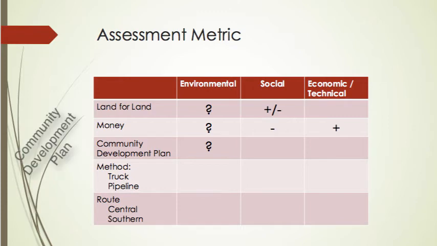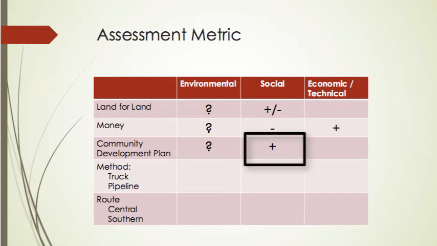What about the community development relocation option? There was like $6 million that they would put toward community development, but that money would come over time. So depending upon how this was implemented, the community development option might be the best option for them socially. So I've put a plus sign there. In terms of cost, it seems to me that this is just the reverse.